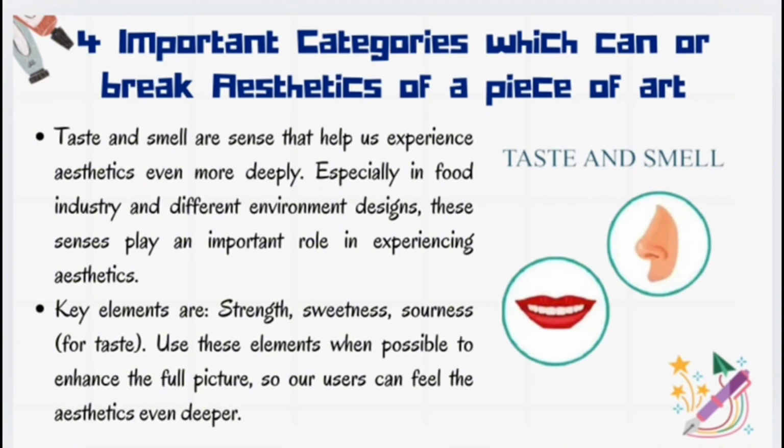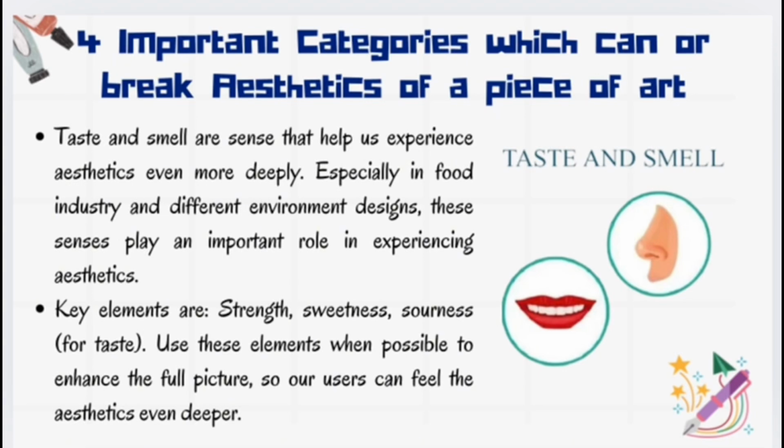For taste, use these elements when possible to enhance the full picture, so our users can feel the aesthetic even deeper. Taste and smell are powerful senses that help us experience aesthetics more deeply, especially in areas like food and environment design, such as restaurants, spas, hotels, and etc.